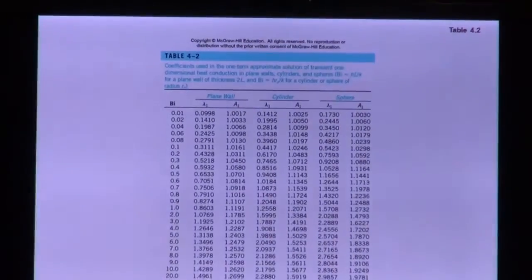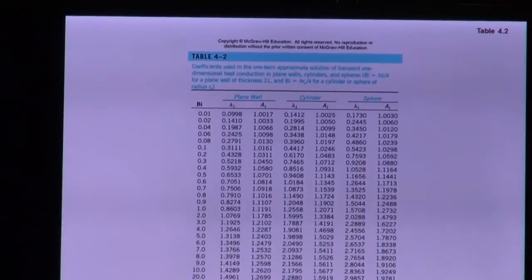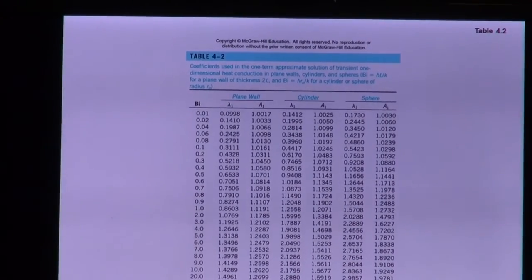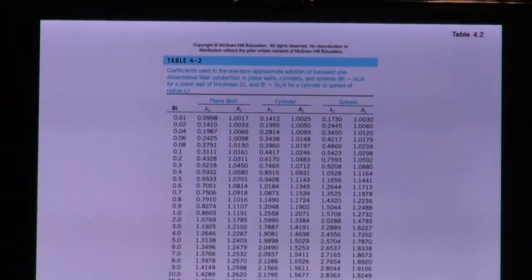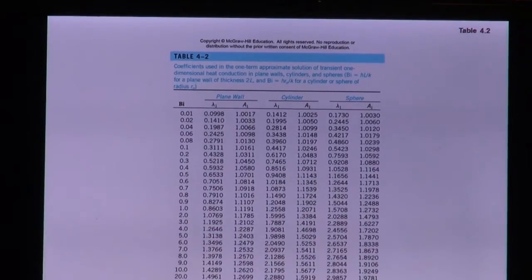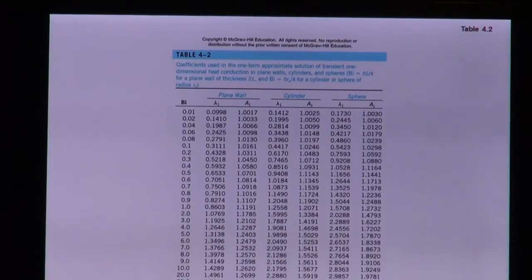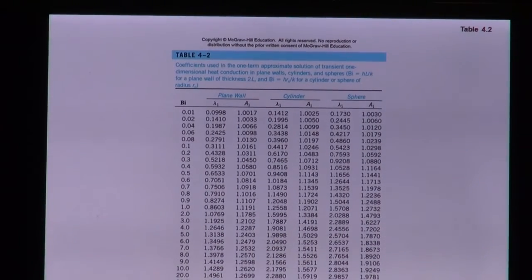There's table 4.2. Do you see them? Everything summarized for us. You will see on the left we've got the Biot number, and then there are 3 pairs of columns. The first one is for the plane wall, the second one for the cylinder, and the third one for the sphere.